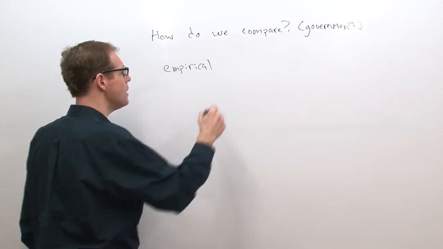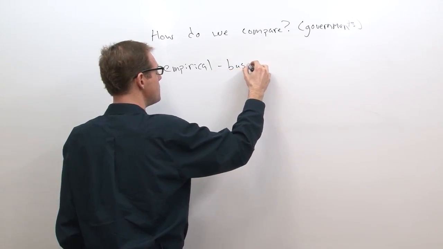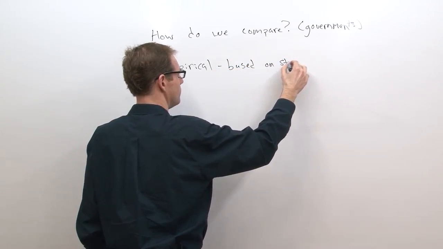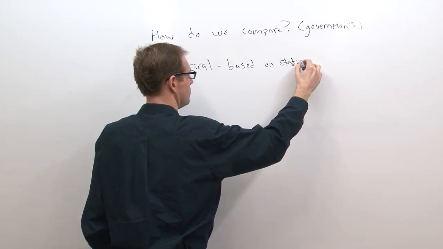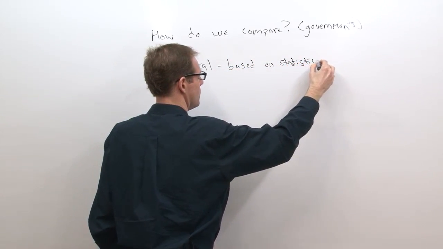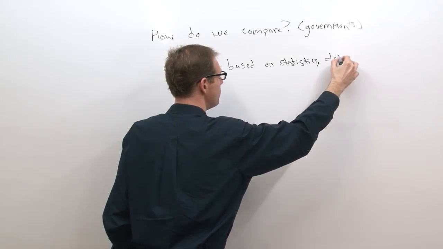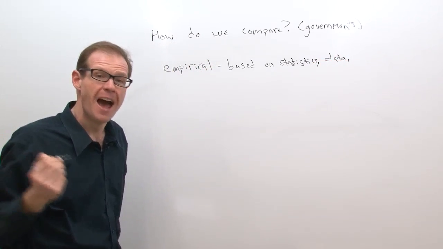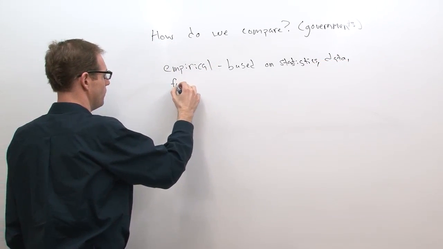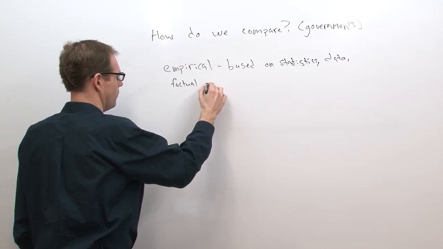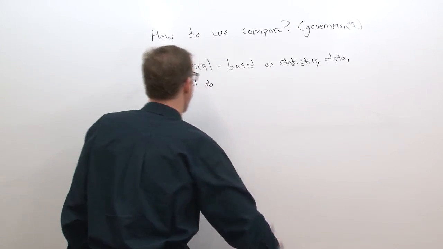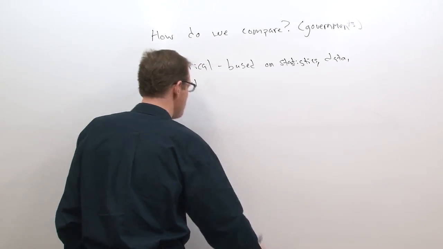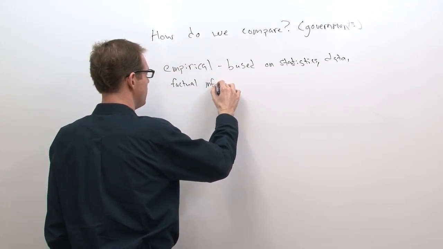So we'll say here, this is based on statistics, based on data, generally based on factual information. And when I say factual information, I'm speaking about information that is objective.